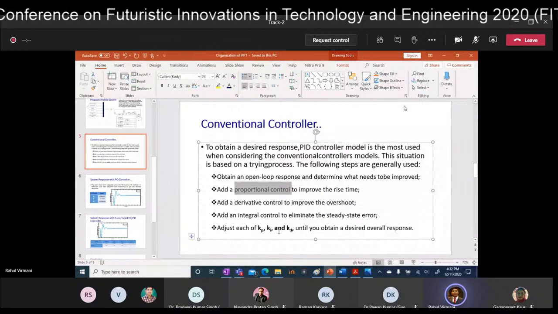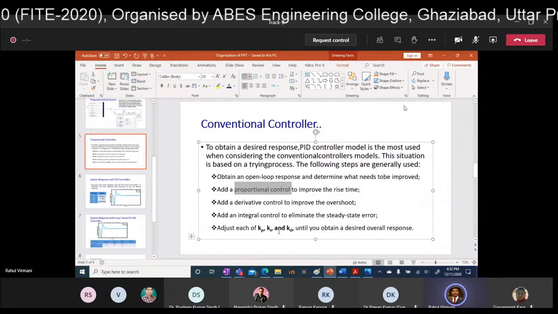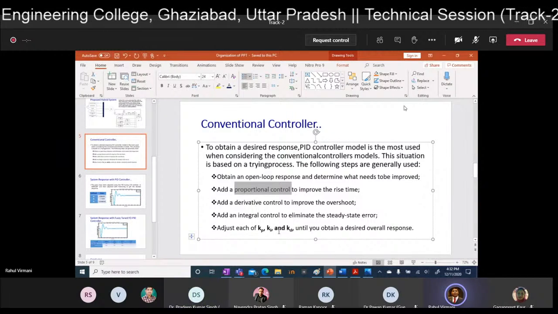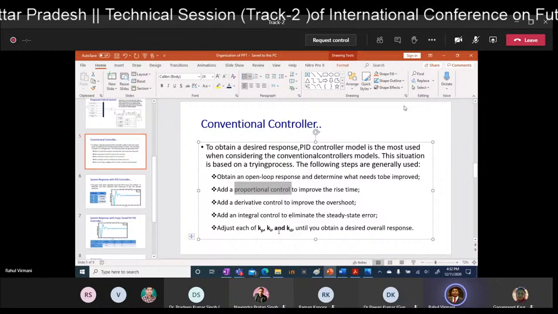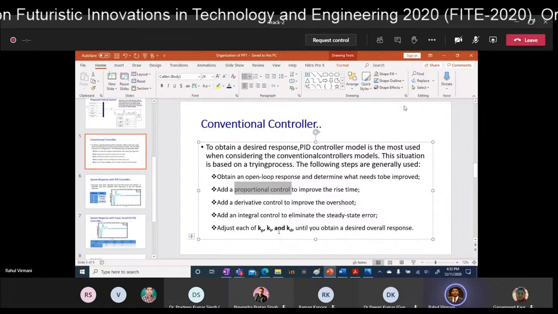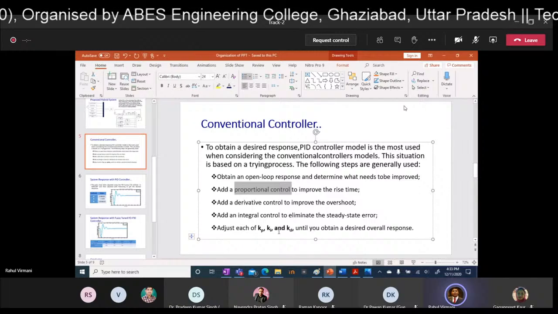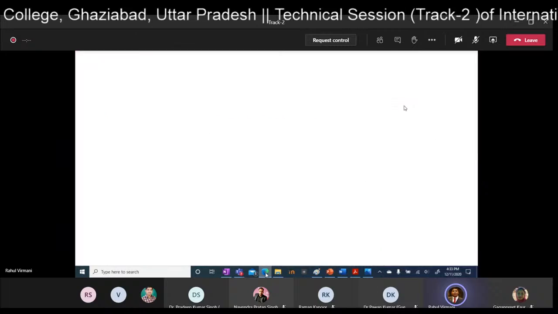So what you will do is add the derivative controller. And suppose the system is settling down at another position rather than zero, and you want to settle the system exactly at zero or as close to zero, which is my case, you will definitely add an integral control.